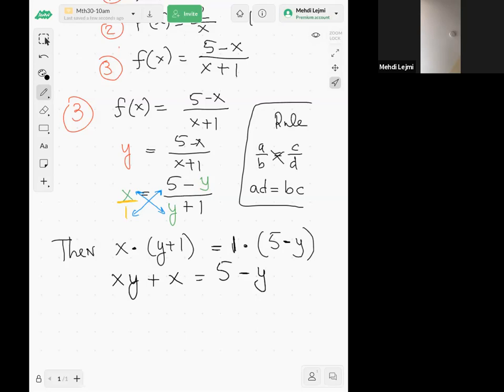I have a Y here, and another Y on the right side. So I'm going to move the minus Y to the left side, so I'm going to add plus Y here. This is plus Y. So now it's XY.